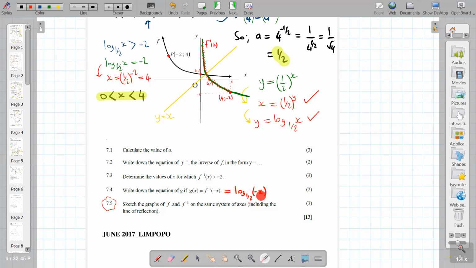Do we need any restriction? No, nothing. They didn't ask to draw G, but we could even draw that. It will be reflected about the y-axis. Let me just draw it. This will be the graph of G. Will it be touching?